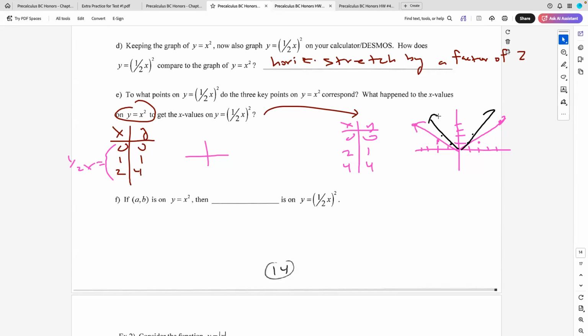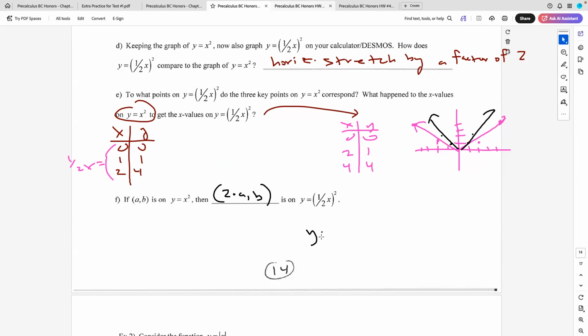See how I took the parent function and stretched it that way by a factor of 2. So what it's doing to each point is you're multiplying every x coordinate by 2.